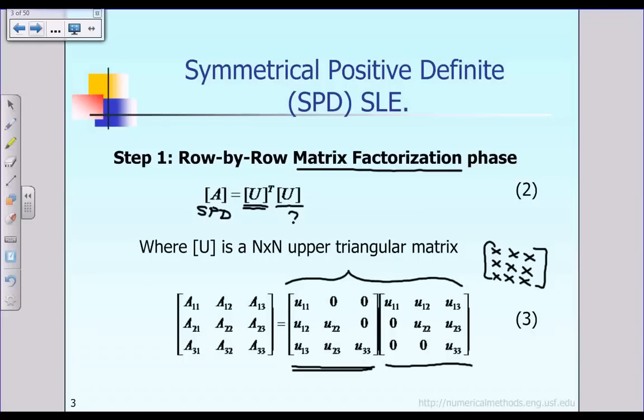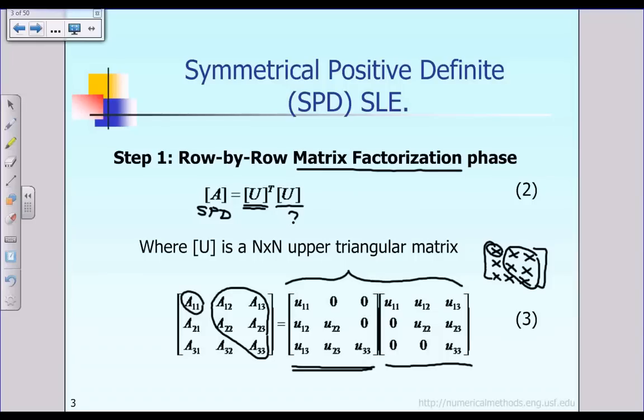For example, we will equate this term with A11. We will equate the rest of the terms, let's say here, with the corresponding terms on the left side of the equation. So the procedure is very straightforward.